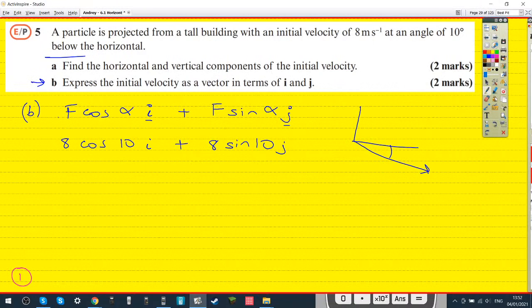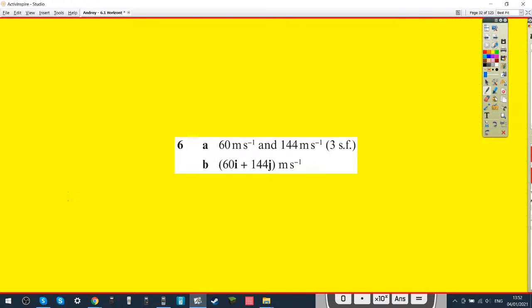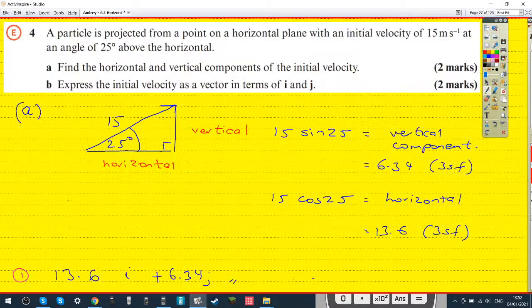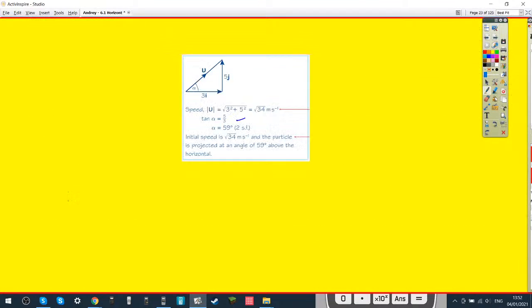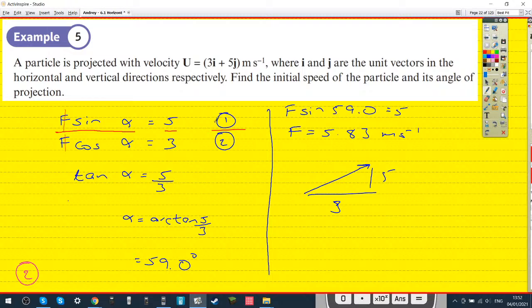Let me be a silly man, I want to make a formula. So what's a formula for this stuff? F sine alpha. What was the 5? The 5 was the j.